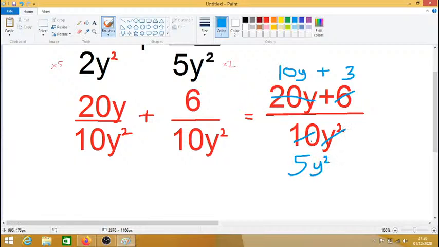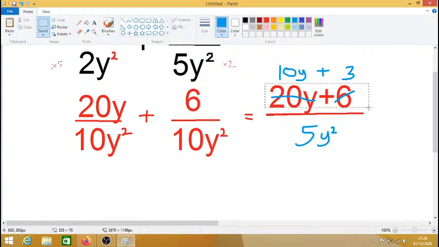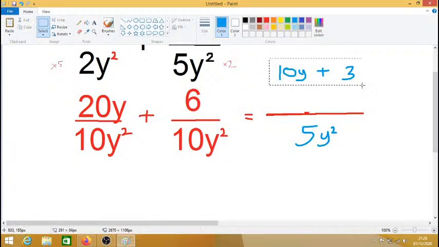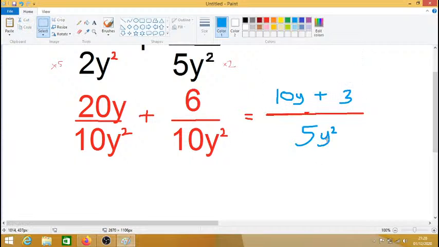And then if I just neaten that up, you have your final answer of 10y plus 3 over 5y squared.